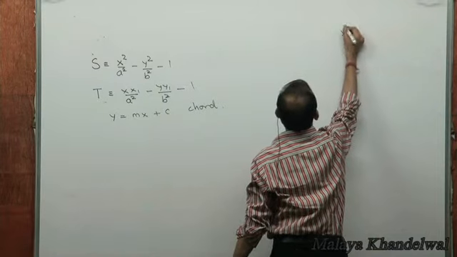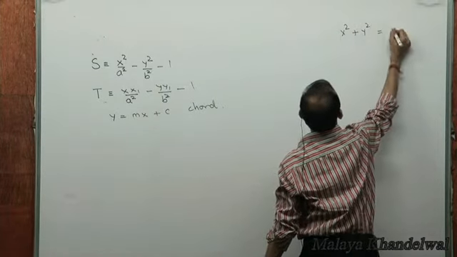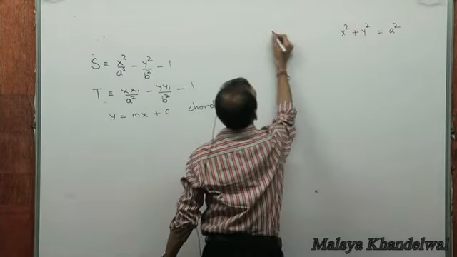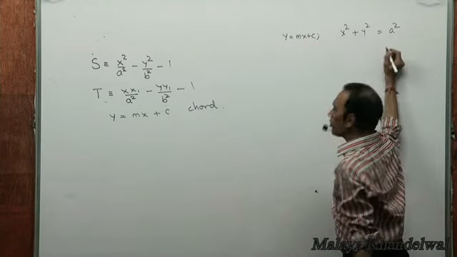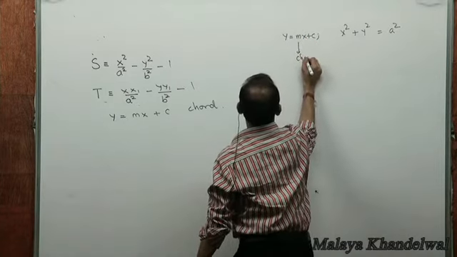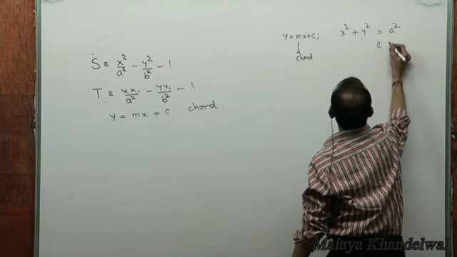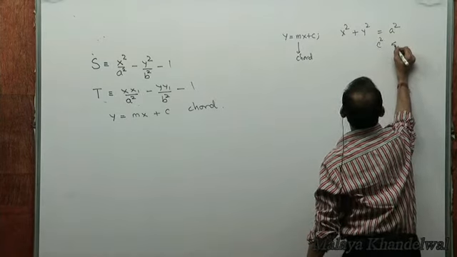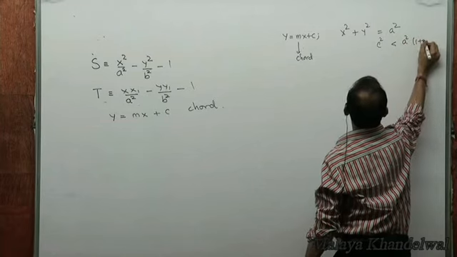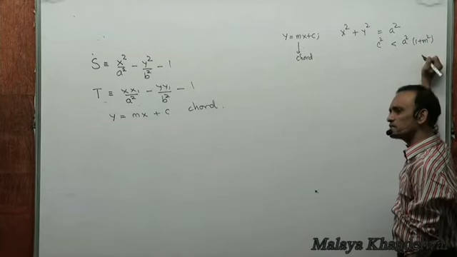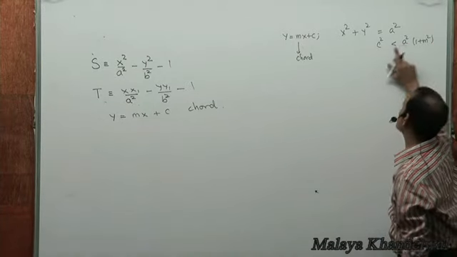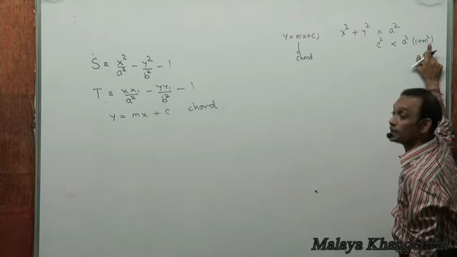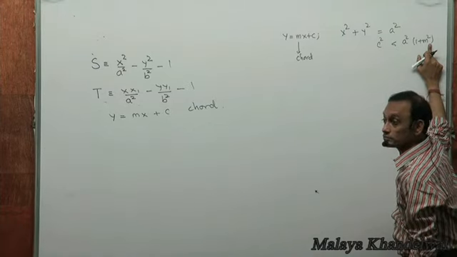In a circle, x squared plus y squared equal to a squared, and I have a chord y equal to mx plus c. Then, do you recall, if this is a chord, then c squared less than a squared into 1 plus m squared. C squared equal to a squared into 1 plus m squared will give me a tangent. C squared less than a squared into 1 plus m squared will be a chord.